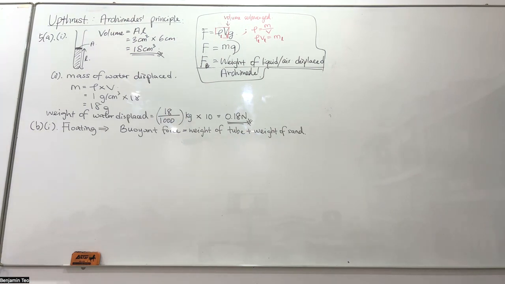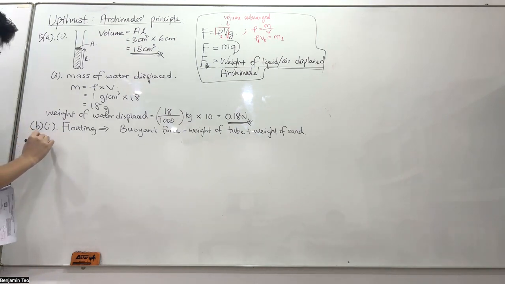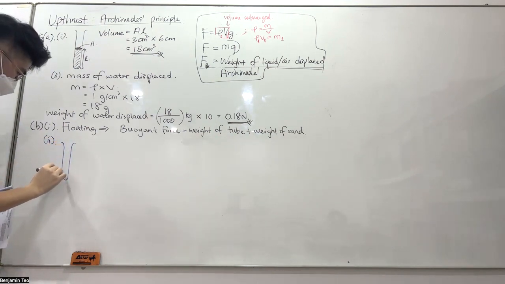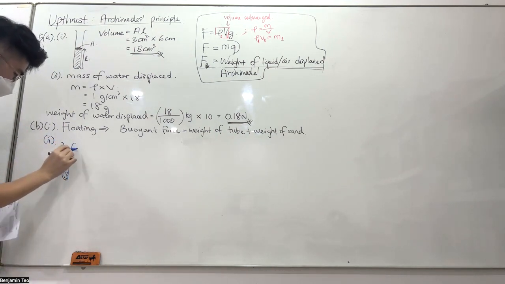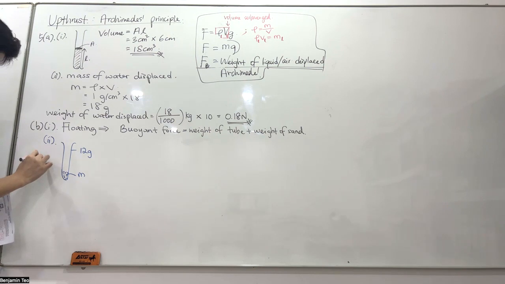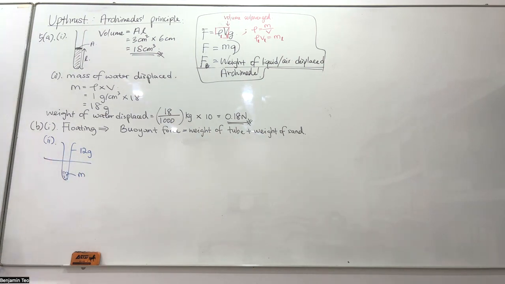Okay, B number 2, calculate the mass of sand in the glass tube. Okay, this is your mass of your glass tube, 12 gram. Mass of the sand M, and then mass of the liquid being displaced.